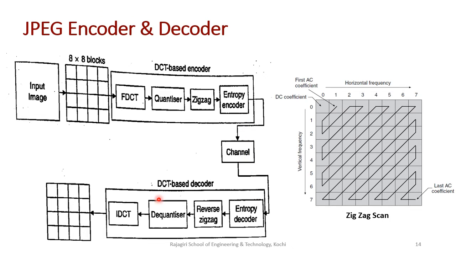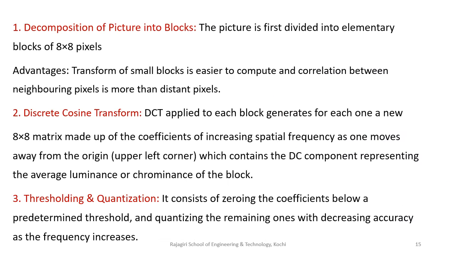At the receiver side, the reverse operation of decoding, dequantizing, and inverse transformation is applied in order to get back the reconstructed image. The process of JPEG compression is explained as follows.